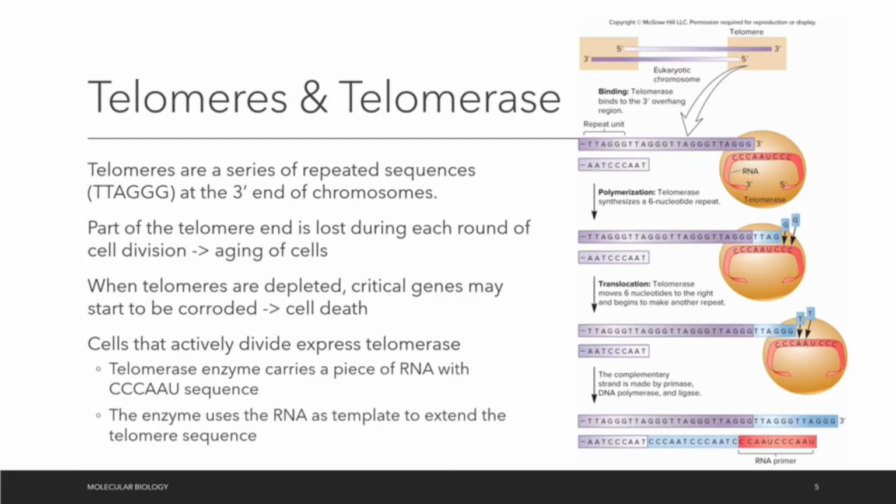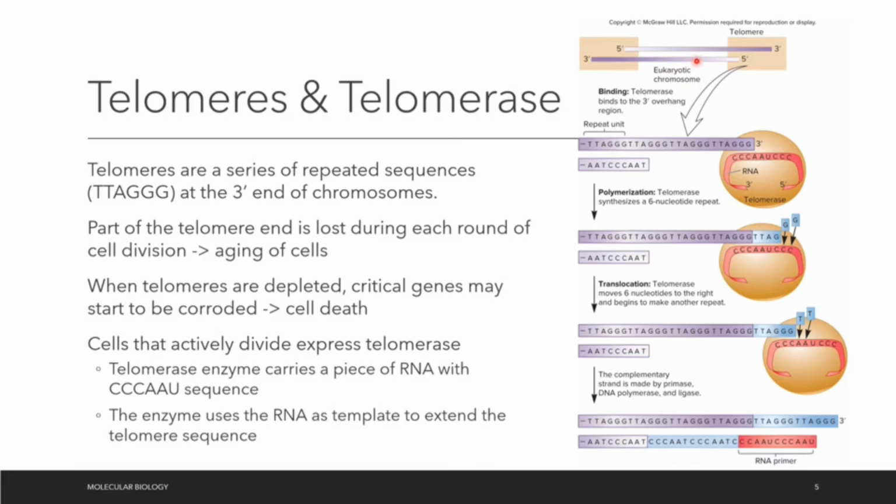So what are telomeres? Telomeres are essentially a series of repeated sequences, TTAGGG, at the ends, actually both ends, of the chromosomes. So after every round of cell division, a little bit of the telomere sequence is going to be lost due to the end problem.